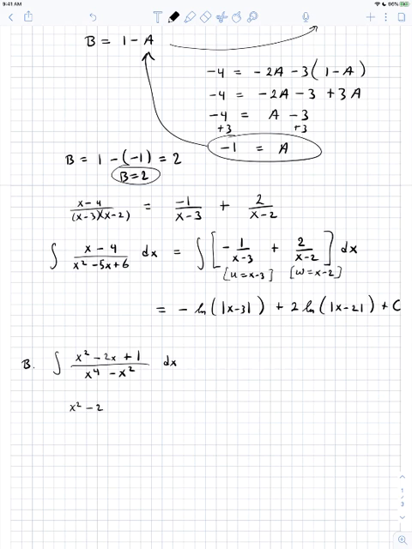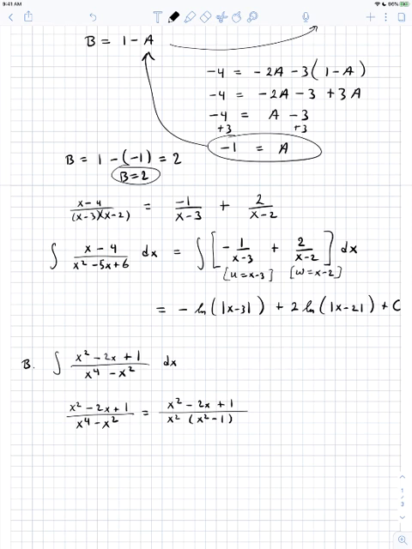x squared minus 2x plus 1, that's our numerator. And we want to factor the denominator, x to the 4th minus x to the 2. Well, the first thing you can do is factor out an x squared. That's going to leave you with x squared minus 1. In the numerator, we haven't done anything yet.